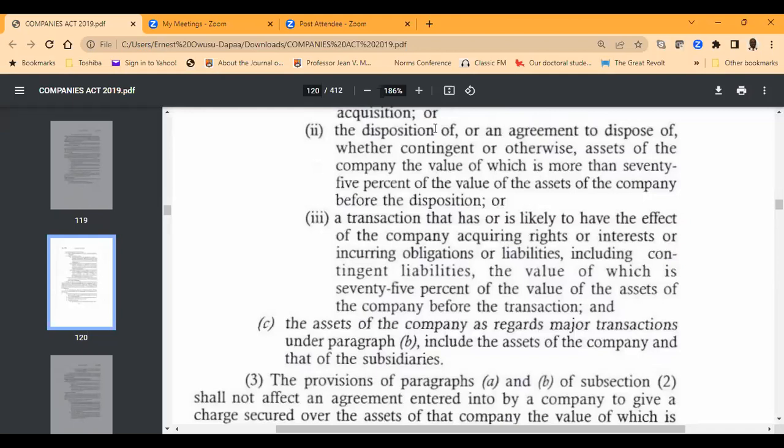Then the assets of the subsidiary company will be reckoned as part of the parent company if you want to determine the 75% threshold for purpose of making a determination as to whether what is at stake is a major transaction or is not a major transaction. So let us keep that in mind.